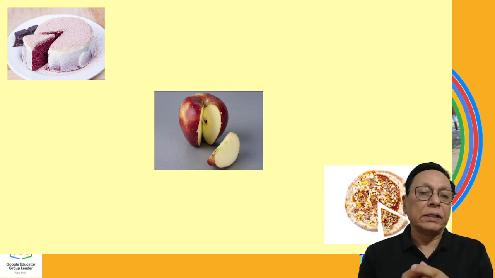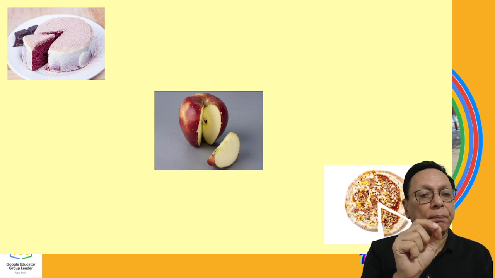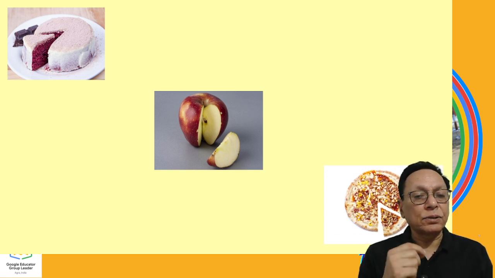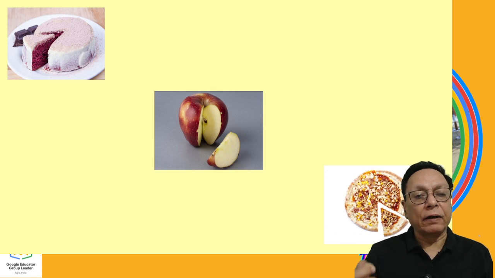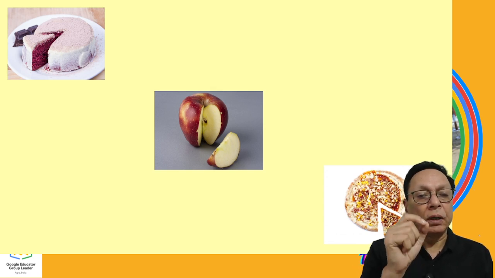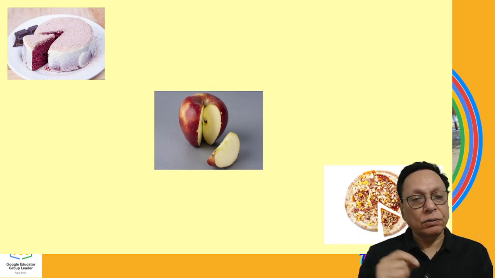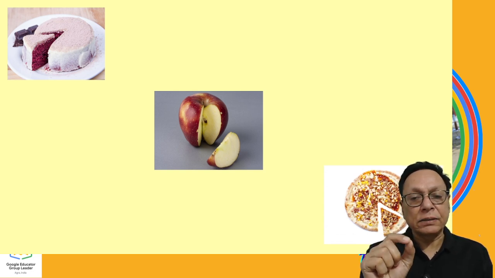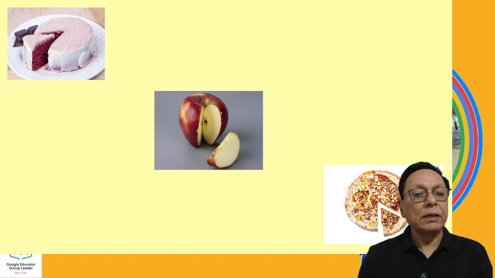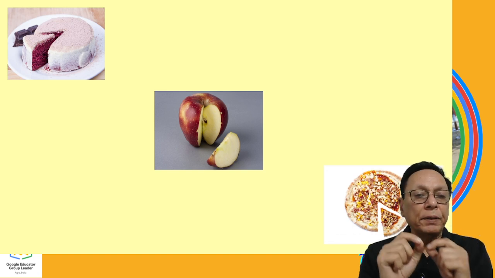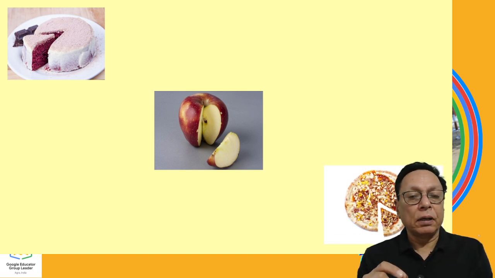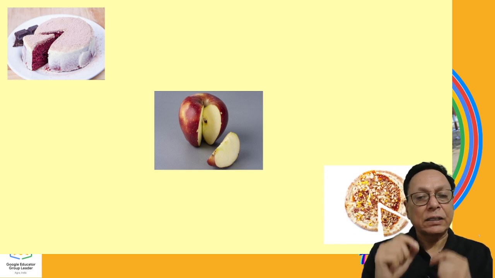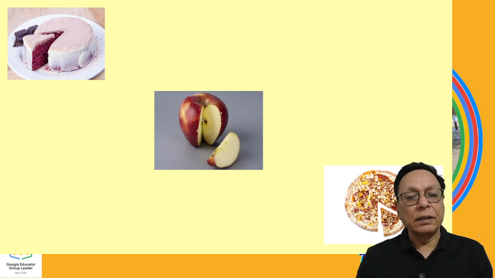If you consider a cake, if you cut a piece of the cake, this is called slice. Similarly, when we talk about the apple, if you cut a piece of the apple, it is called slice. If you cut a piece of pizza, it is also called a slice. Similarly, when we cut a piece of the list, tuple, or the string, it is called a slice. So we'll discuss slicing here.